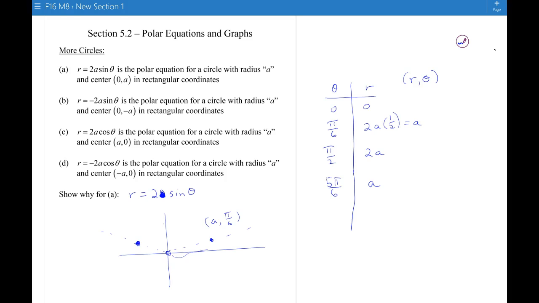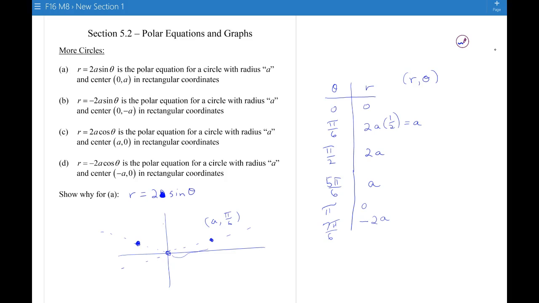And then if you keep going around, when you get to pi, that's going to be 0 again. And if you keep going to, say, 7 pi over 6, you're going to duplicate a point, because when you get to 7 pi over 6, the sine is negative. So you're going to get r is negative a.